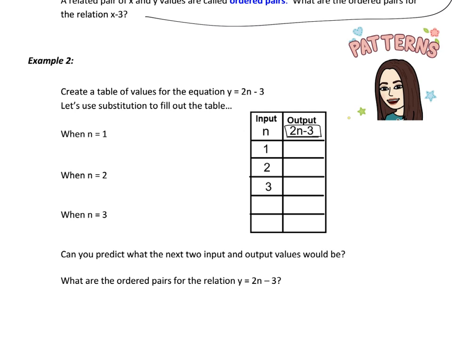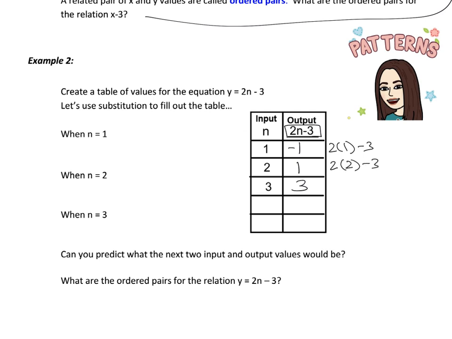So we're going to go 2 times 1 minus 3. That gives us negative 1. 2 times 2 minus 3 gives us 1. 2 times 3 minus 3 gives us 3. Okay, so all I'm doing here is I'm just plugging in 2 times 1 minus 3, 2 times 2 minus 3.